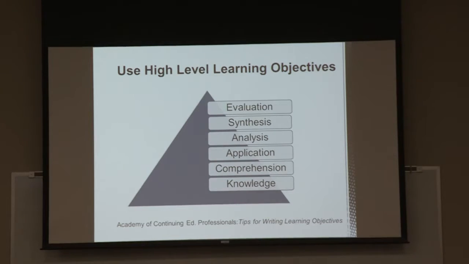And what we really encourage in simulation is to look at the top level of objectives. This is Bloom's taxonomy of objectives. At the base of the pyramid, knowledge and comprehension, we encourage faculty to do activities, be it presentations, readings, online material, so students have some knowledge and comprehension of the information before they come to the simulation center.